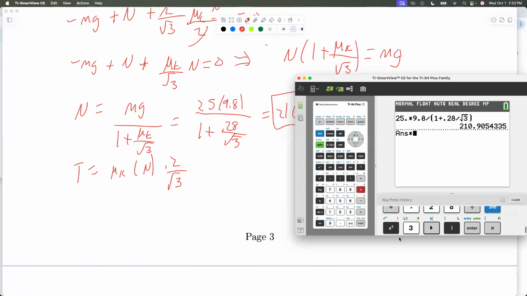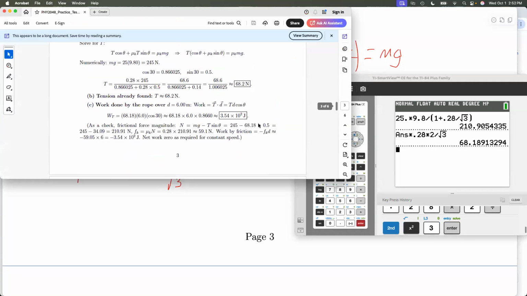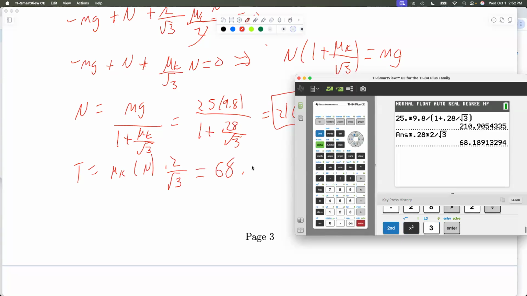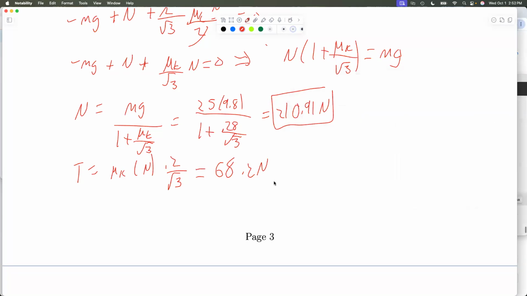I can take that times 0.28 times 2 divided by square root of 3. 68. And as a sanity check here, 68.2. Look at that. Either we are smart or Chat GPT is smart. Yeah, close enough. Newtons.